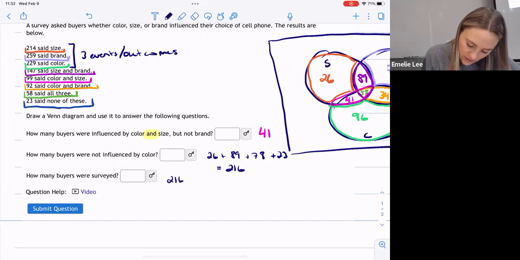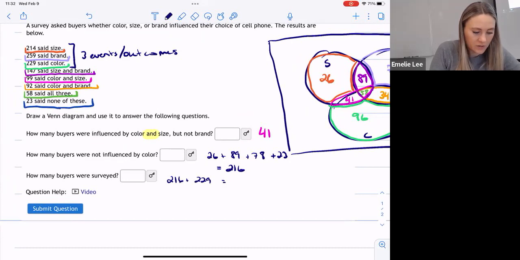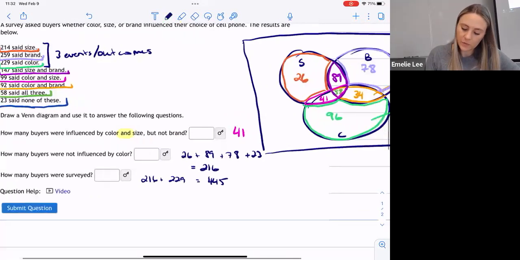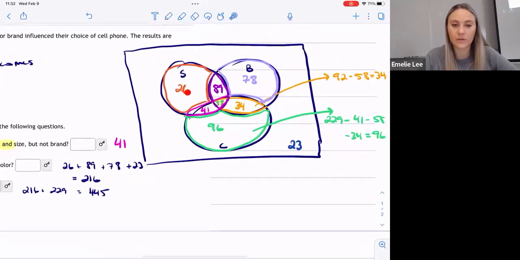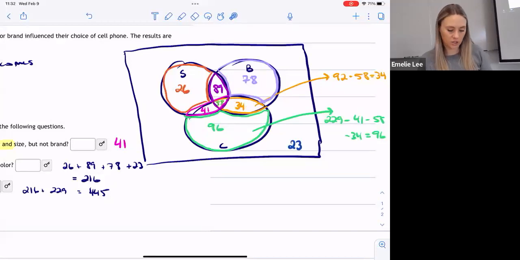So 216 plus 229 is 445, which you can double check by adding up all these areas. Just to make sure, 216 plus 41 plus 58 plus 34 plus 96 is indeed 445.